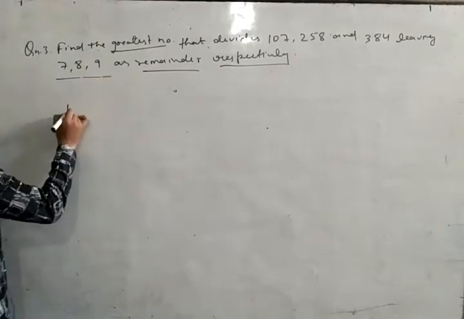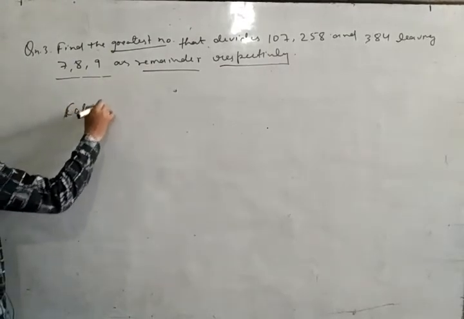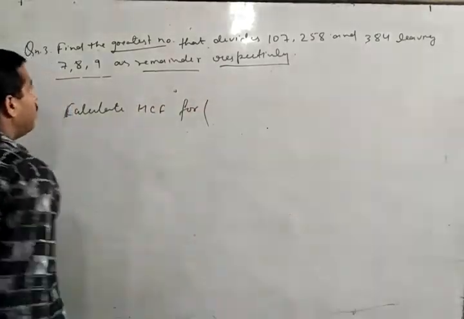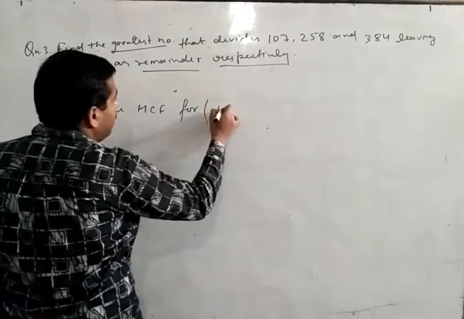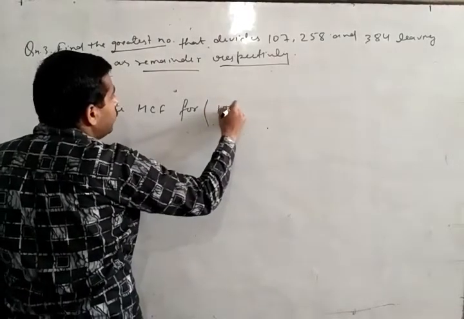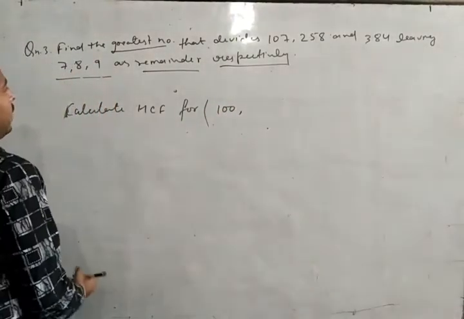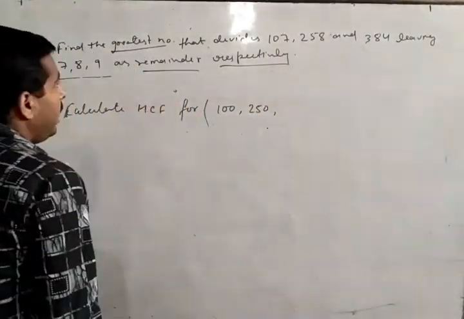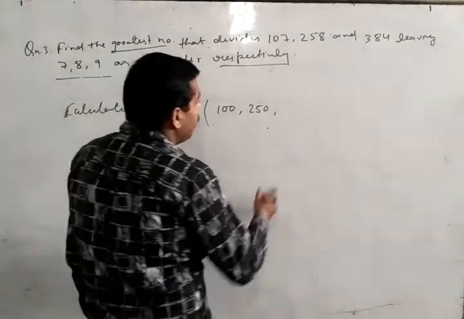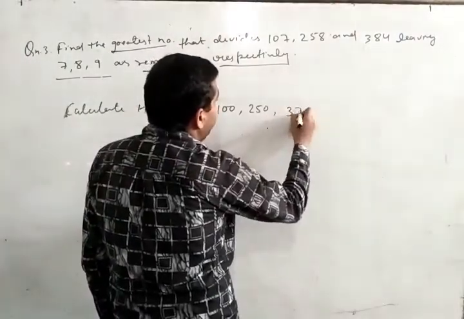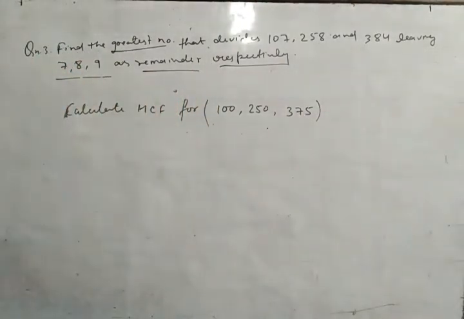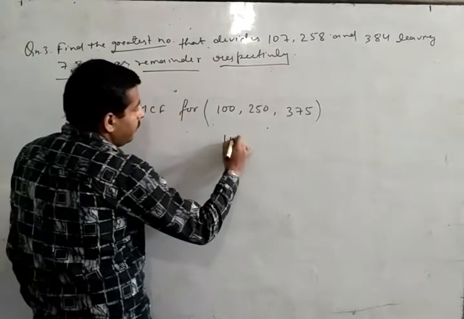Means you have to calculate HCF of what? 7 will be subtracted from 107 gives you 100. 8 will be subtracted from 258 gives you 250. And 9 will be subtracted from 384 gives you 375. You have to calculate HCF of these three numbers. Now, how will we calculate the HCF?